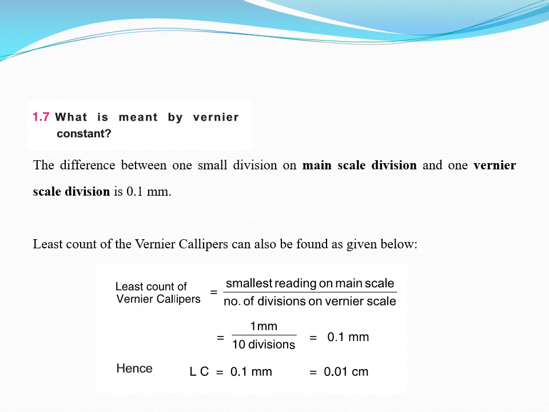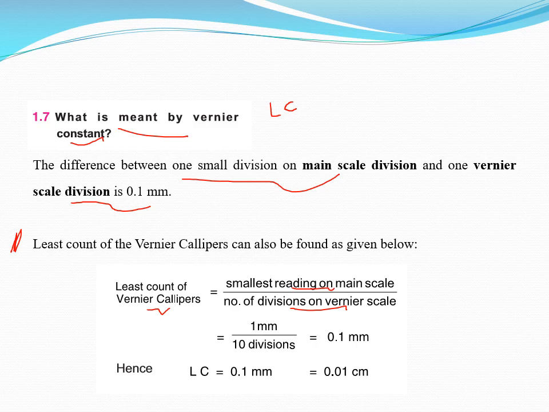Question number 1.7. What is meant by Vernier constant? Vernier constant is also termed as least count of the Vernier. Again, we talked about it earlier. The difference between one small division on the main scale and one Vernier scale division is 0.1, or it can also be defined as the least count of the Vernier calipers, obtained by dividing the smallest reading on the main scale by the number of divisions on the Vernier scale.